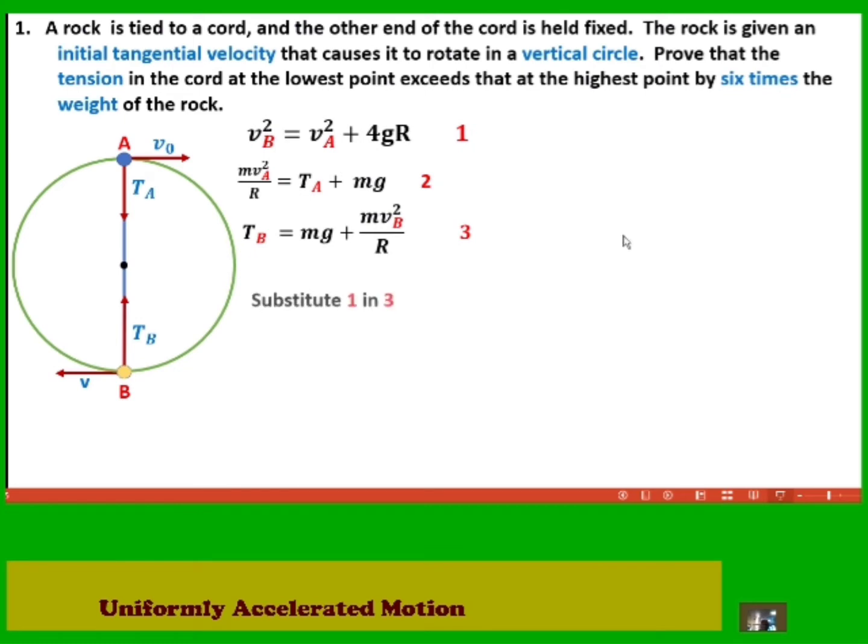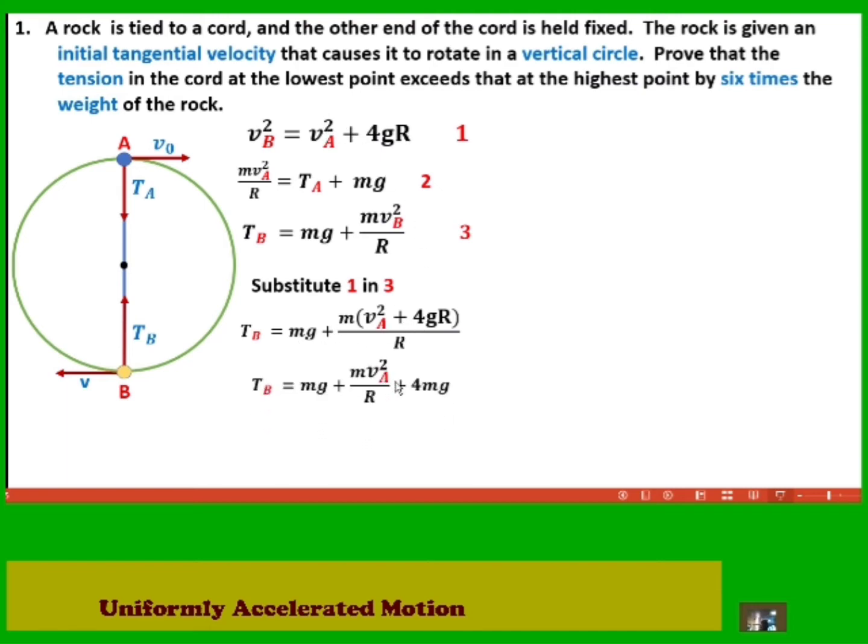Then from this equation, substitute equation 1 and equation 3. So m v sub B squared is replaced by this expression. Then distribute m in its term. Then combine similar terms. mg and 4mg becomes 5mg. This is our equation number 4.